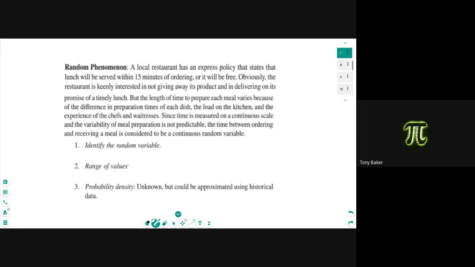How long? Right. Okay. So X is the time. What's the range of values? I don't know what the shortest time would be to cook, but assuming they have it somehow instantly ready, maybe 0 to 15 minutes, continuous.